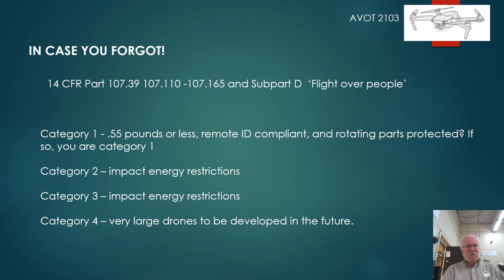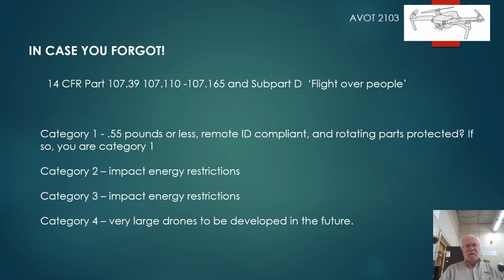There's a process of turning in documents to the FAA to certify your drone. Not likely to be doing that, but Category 2 and 3 are from the manufacturer. Nothing we can do about that. However, the manufacturer may provide an aftermarket attachment to your drone that would make you compliant. Same with Category 1.